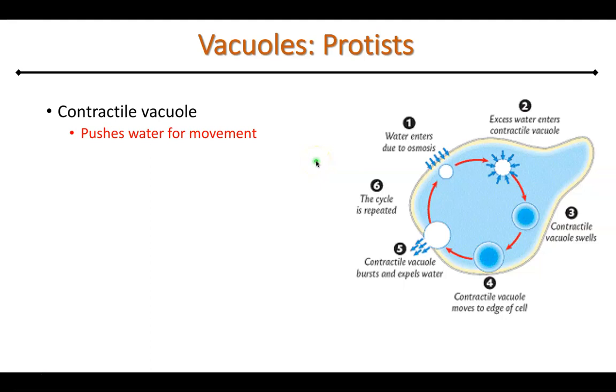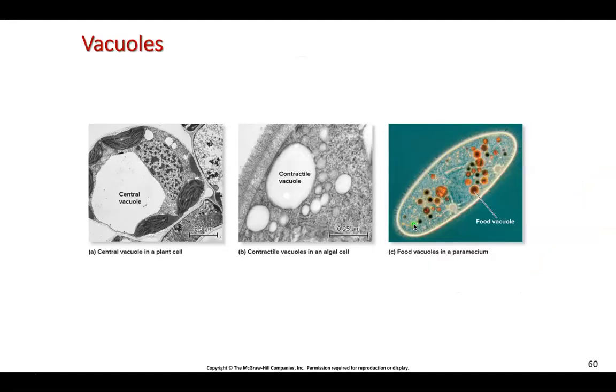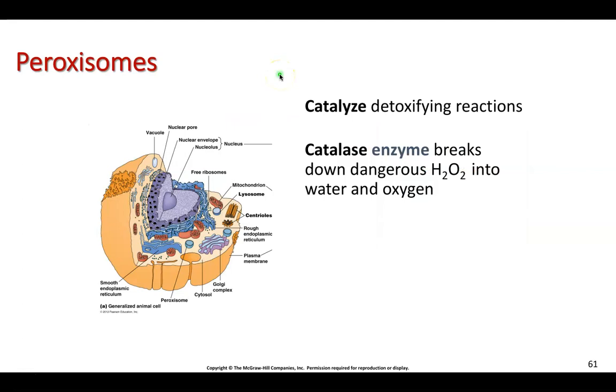If you fill a balloon up with air, and then let the air out really fast, it propels the balloon forward, right? You blow up a balloon, you let it go, it moves forward. The same thing happens with water. Once you squeeze the vacuole, the water leaves, and that movement of water leaving moves the organism a little bit forward. Again, this is just a picture showing the ones that we covered so far.